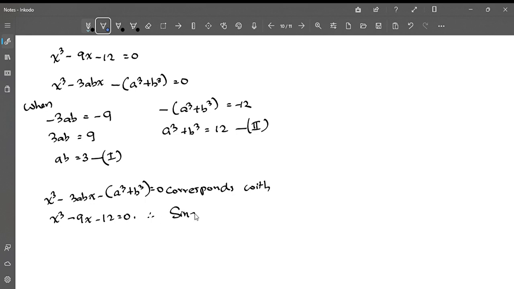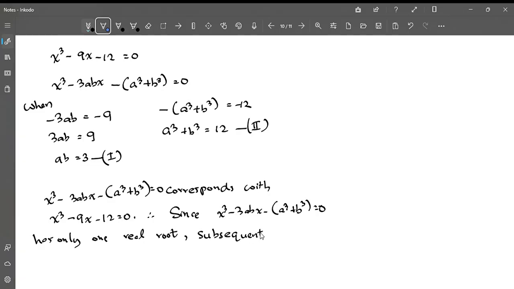Since x cubed minus 3abx minus a cubed plus b cubed equals 0 has only one real root, subsequently x cubed minus 9x minus 12 equals 0 also has only one root.